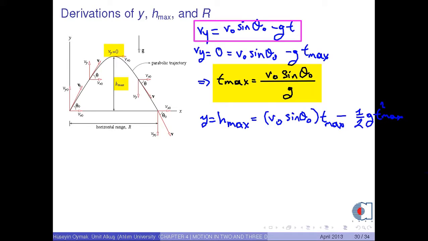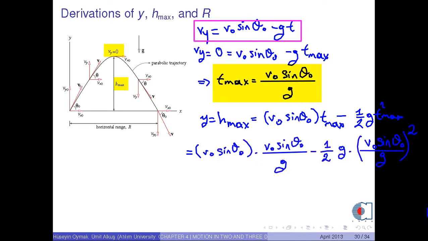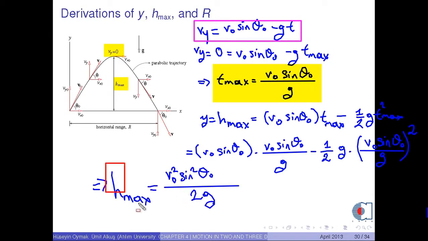Putting the value of Tmax here, we obtain V0 times sine theta 0 times V0 times sine theta 0 over g minus 1 over 2 times g times V0 times sine theta 0 over g, and the square of the whole thing. This leads to the maximum height for this symmetric projectile motion, such that hmax equals V0 square times sine theta 0 square over 2g.